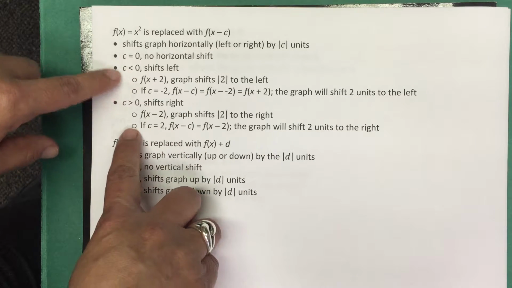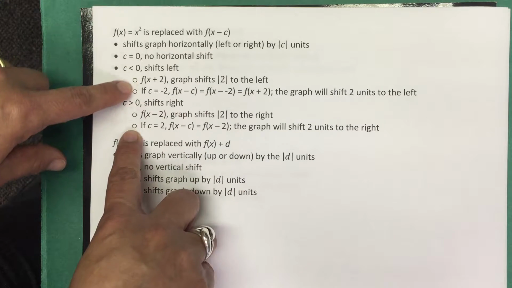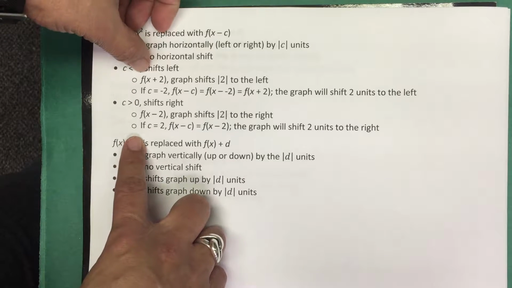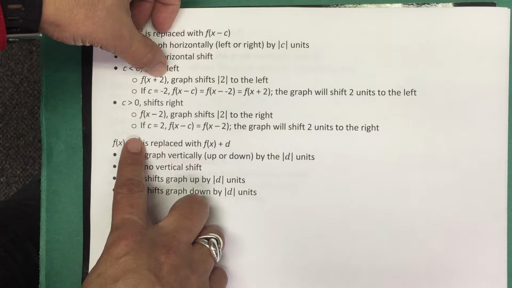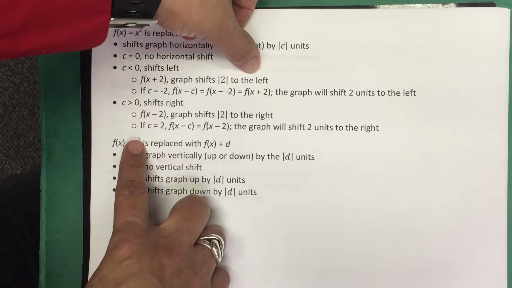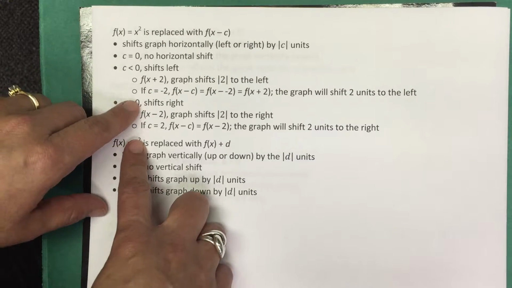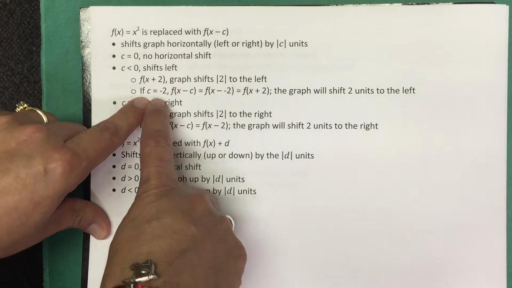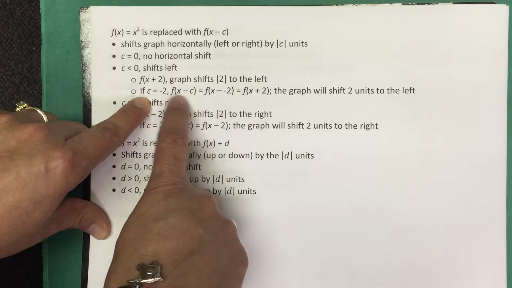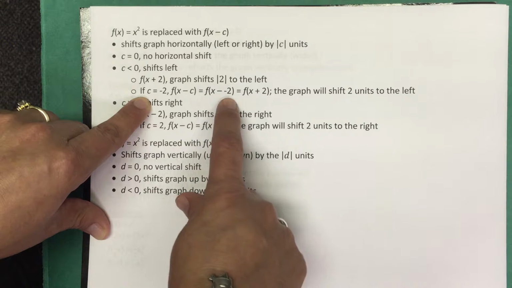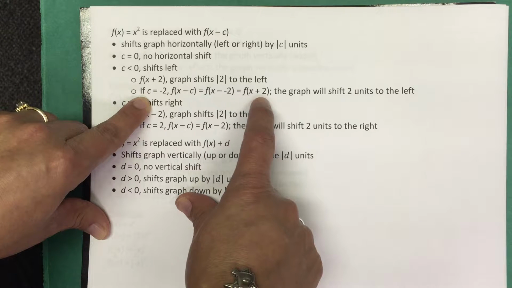Let's look a little more closely at these two, because students are often confused by this type of shift. So for f of x plus 2, the graph is going to shift the absolute value of 2 to the left. Because, let's consider, if c equals negative 2, and we plug in that value of negative 2 for c into this equation, we're going to get f of x minus negative 2, which is the same as f of x plus 2.